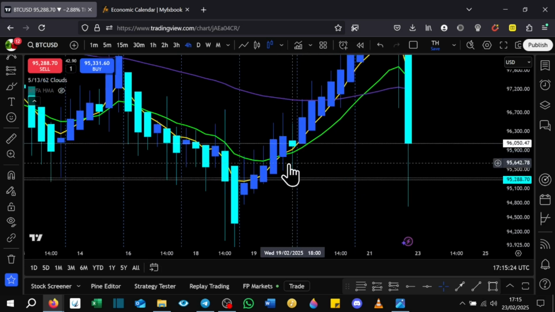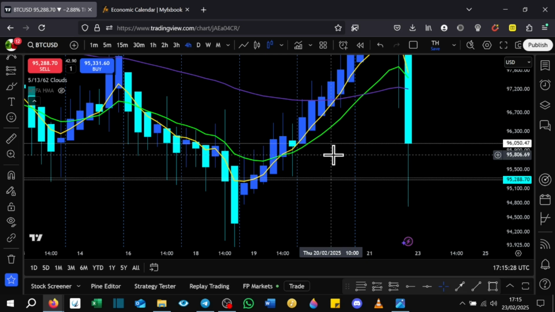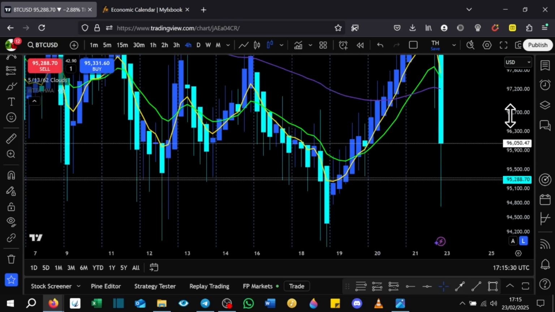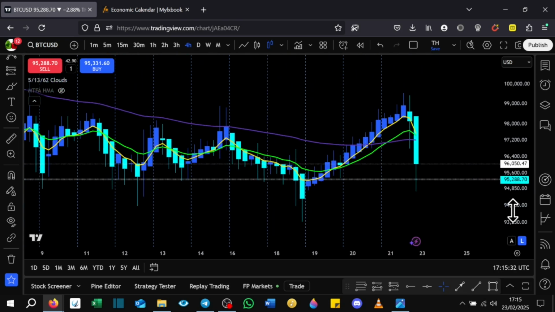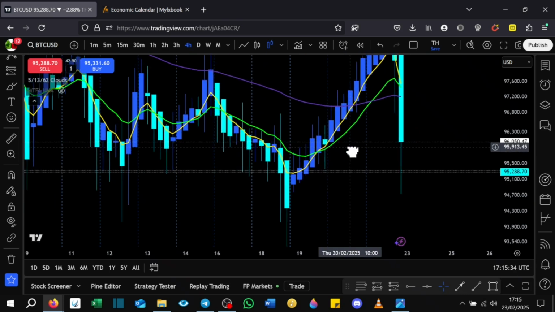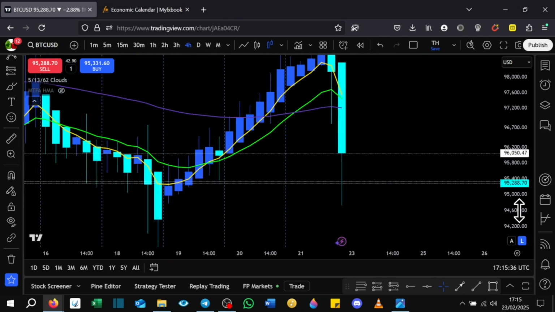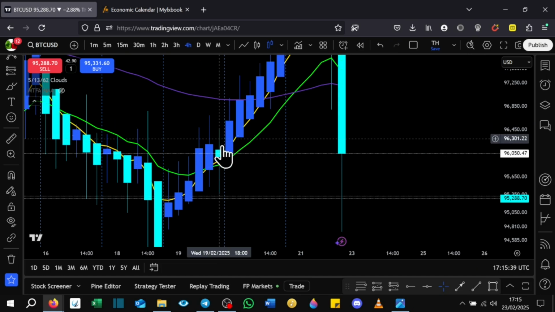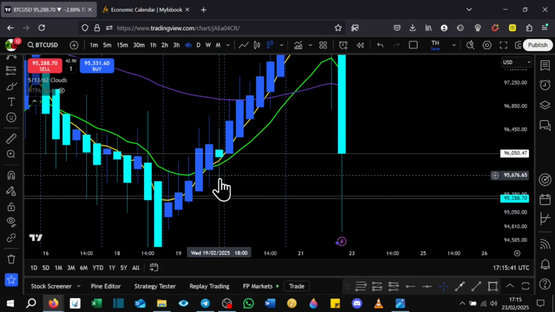So we can see that the 5 and the 13 EMA has crossed over. I know we are below the 62 EMA, but again, we're buying low, we sell high. So we're looking to buy low here. And the 13 EMA has gone off because this candle has wicked down like this.